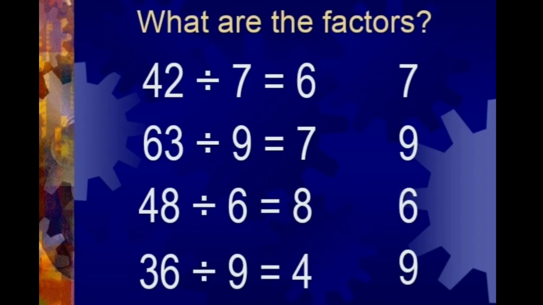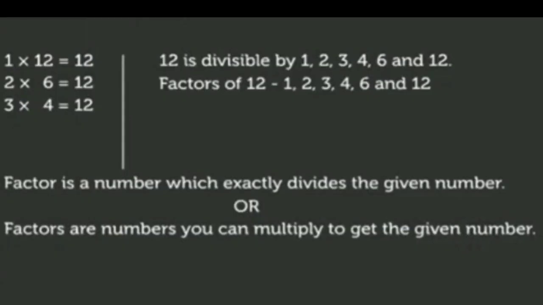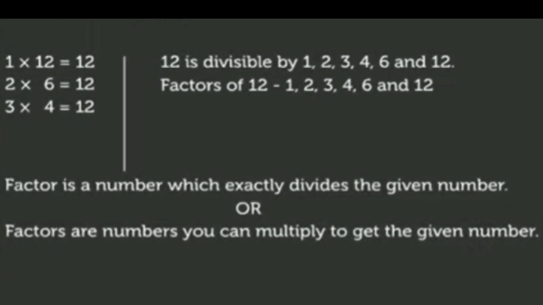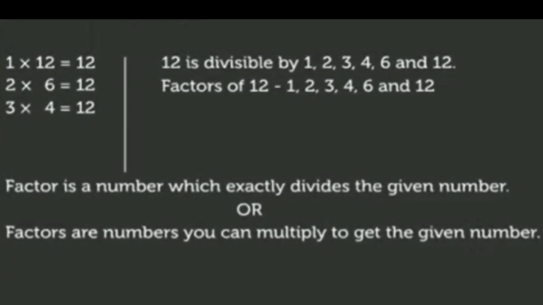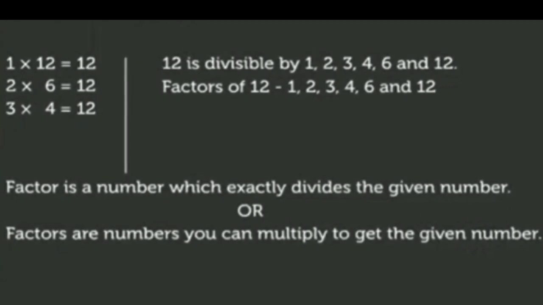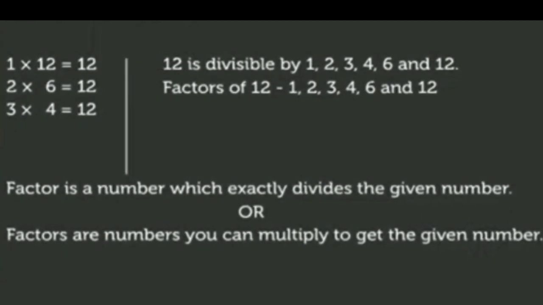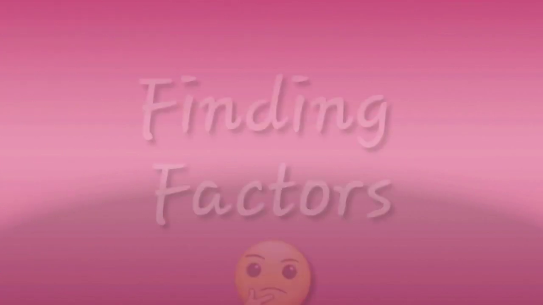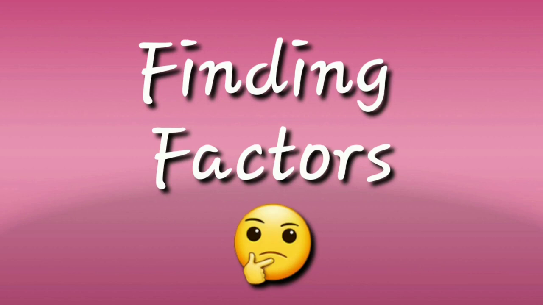So if we talk about the definition in combination, we can define a factor as a number which exactly divides the given number, or factors are the numbers you can multiply to get the given number. So this was all about yesterday. Now today we are going to determine the factors.